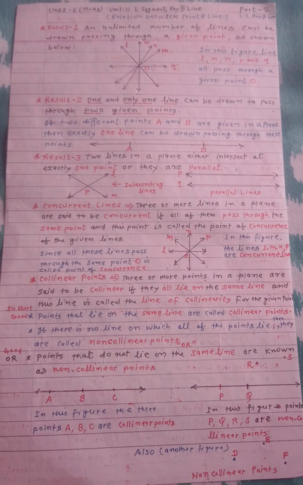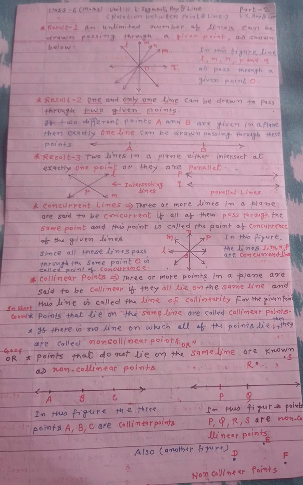Points that lie on the same line are called collinear points, and if there is no line on which all the points lie, then they are called non-collinear points, or points that do not lie on the same line are known as non-collinear. Now I am giving examples.